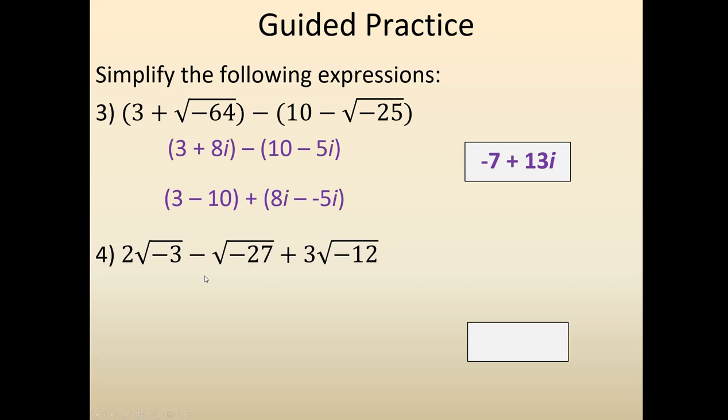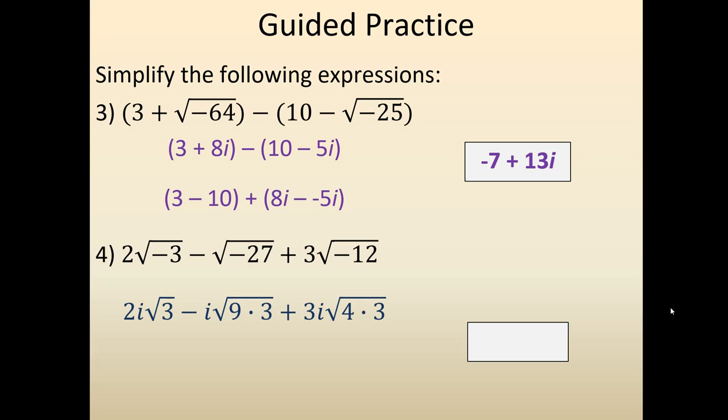Over here, these aren't really complex numbers, but we can still simplify them the same way that we did before. So for all of these, we get rid of the negatives underneath the radicals by putting an i in front. And then for any number that we can, we separate it into the biggest perfect square factor.